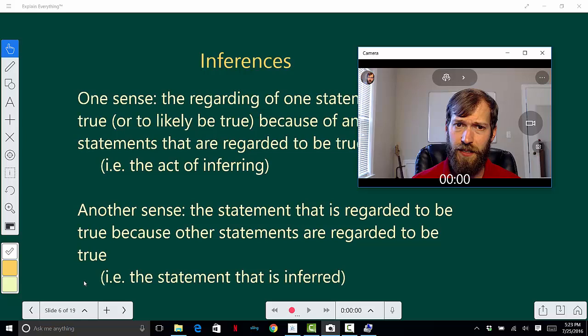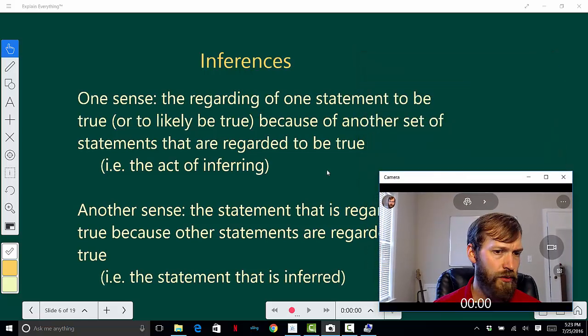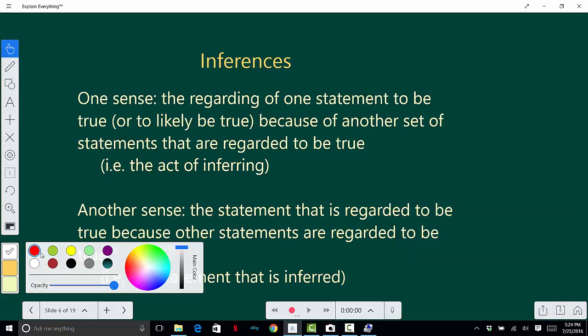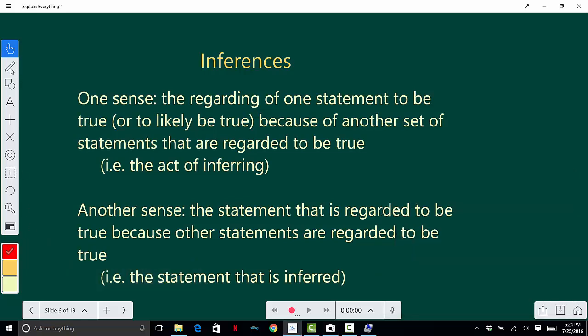So those are the two senses that I take our word inference to mean. And when it comes to logic, it's worthwhile to know both of these just in terms of jargon, so you know that sometimes I'm going to use the word inference to pick out the statement that is in fact inferred as opposed to the act of inferring.